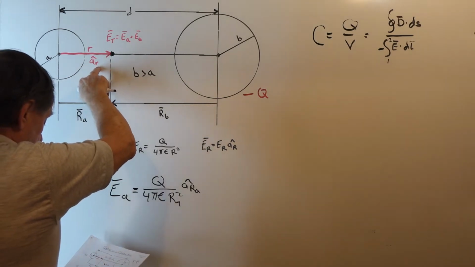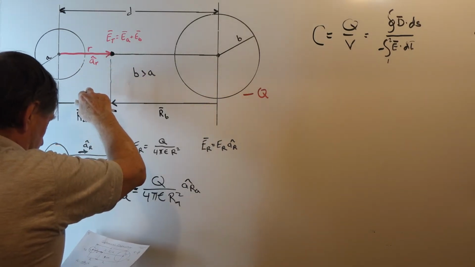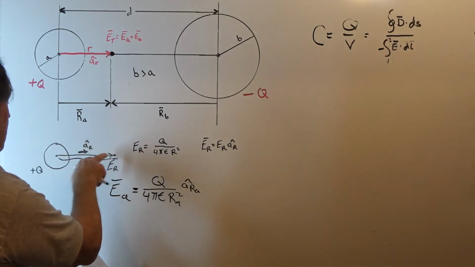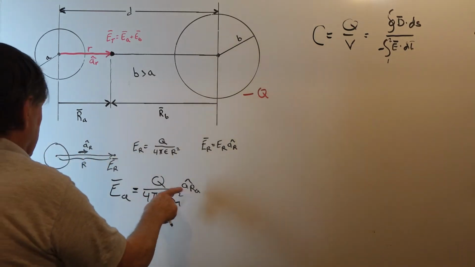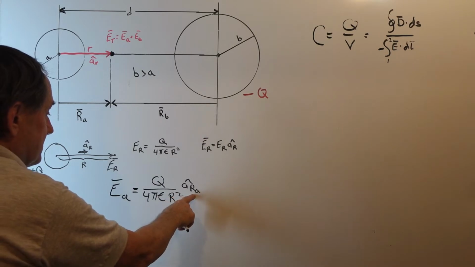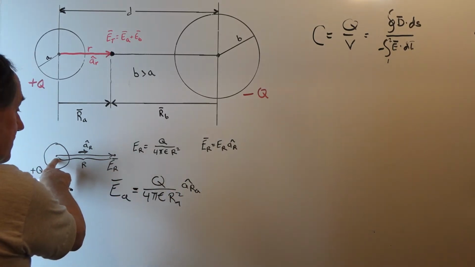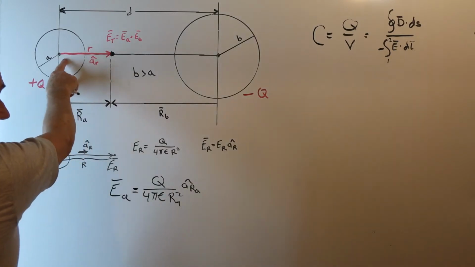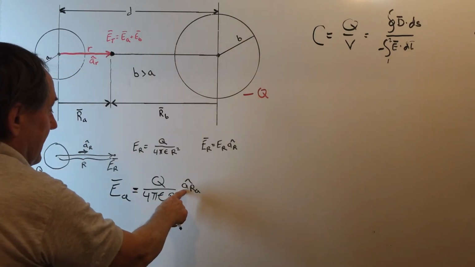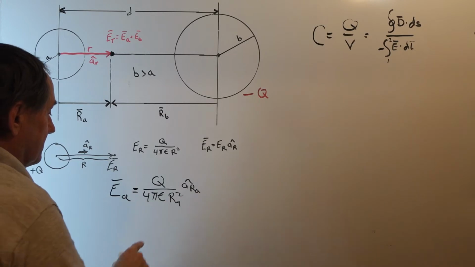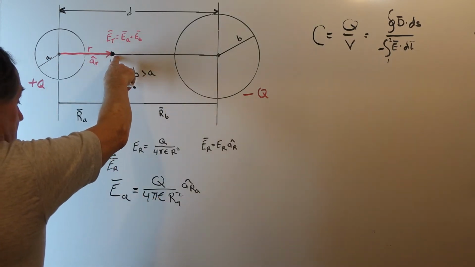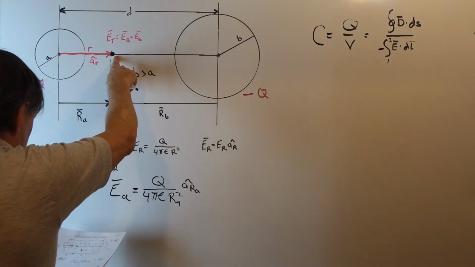This is the unit vector going from the center of sphere A, and the distance is cap r sub a.